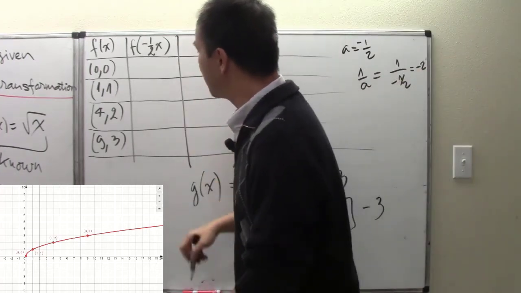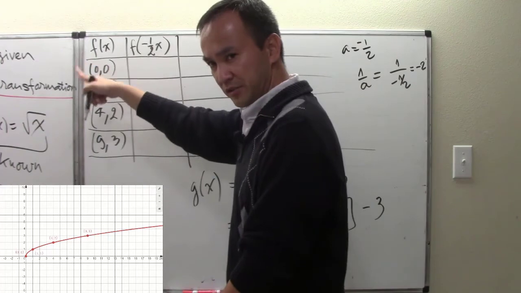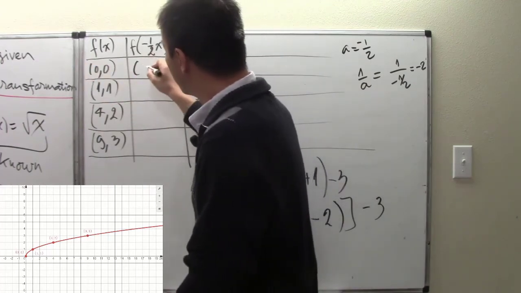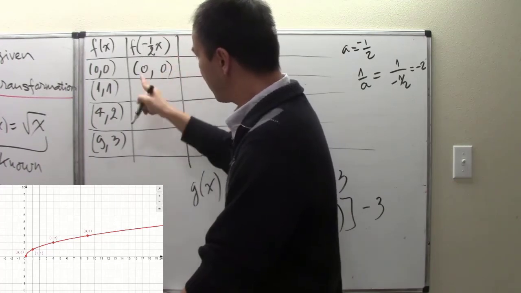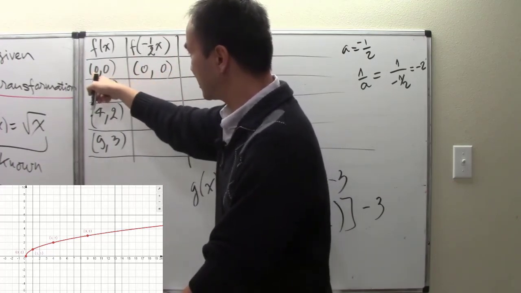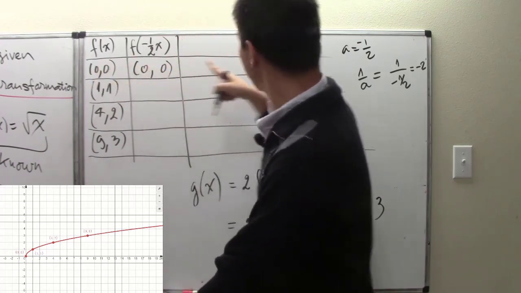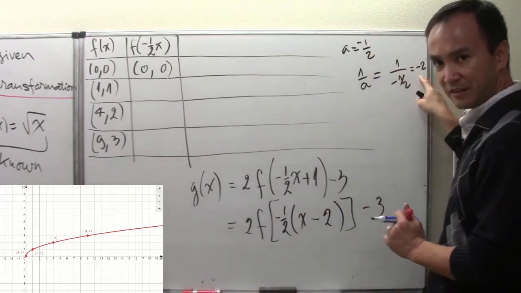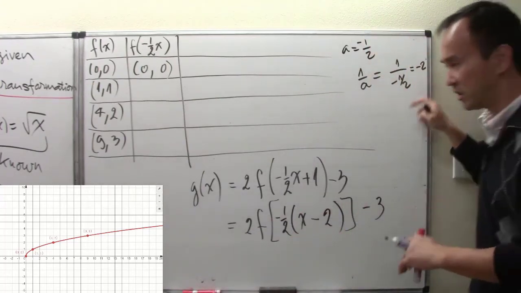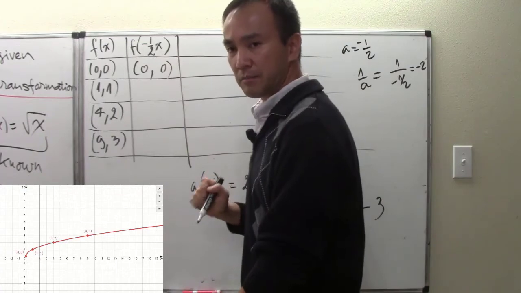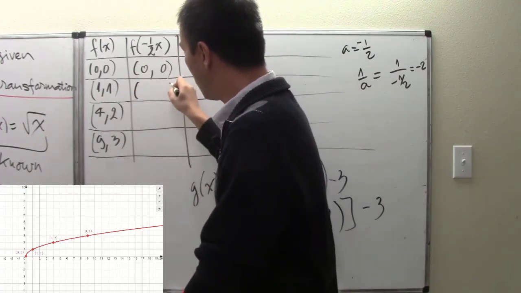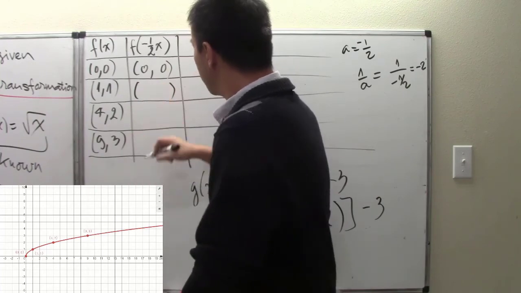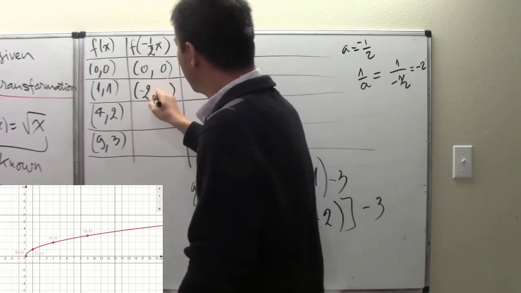Okay, so that means this first point, 0, 0, is transformed into 0, 0. Again, y value stayed the same. X value came out because 0 times negative 2 equals 0. Okay, the next one, 1, 1, is now transformed to negative 2, 1.